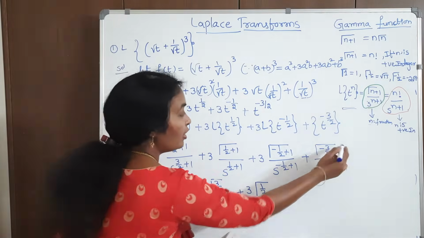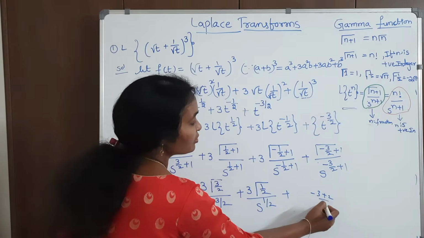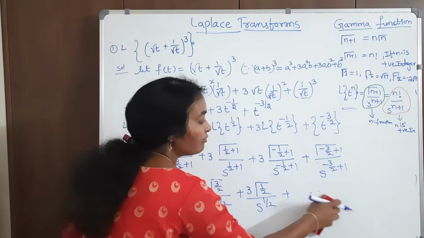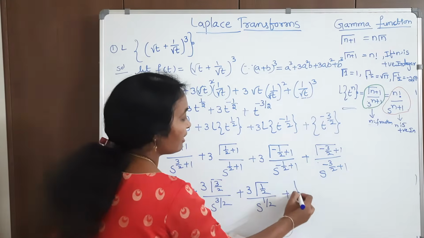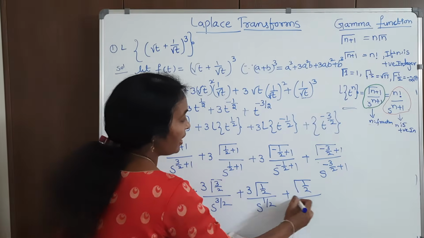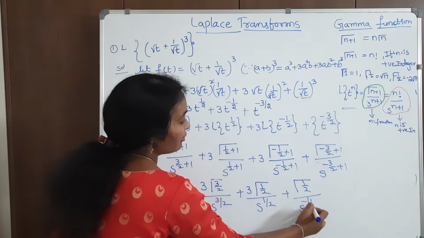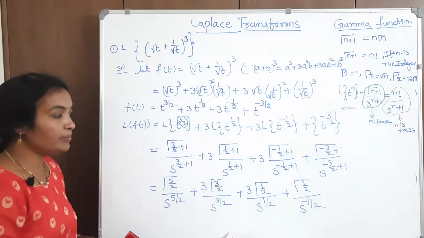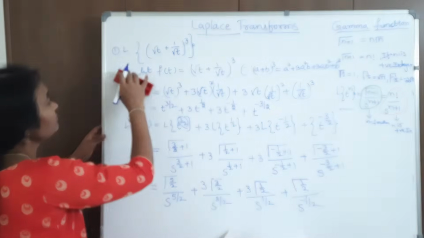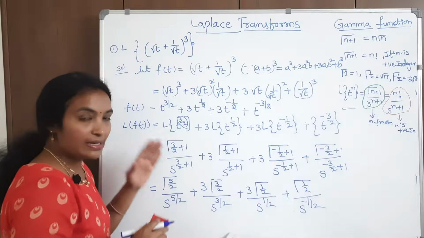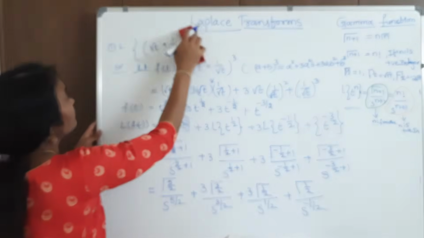Gamma of n plus 1 means minus 3 plus 2 by 2, that is minus half. What is our value? Minus gamma half by s to the power of minus half. Okay, simplify one by one. If you want the problem, just pause the video and note it down.